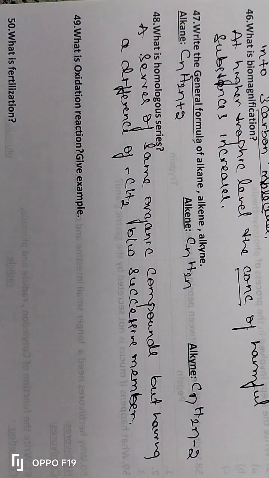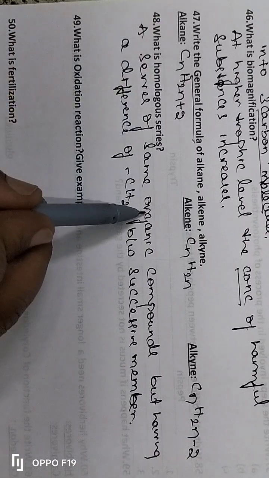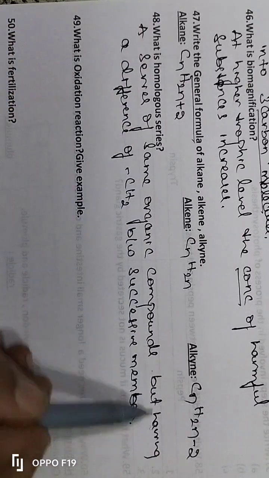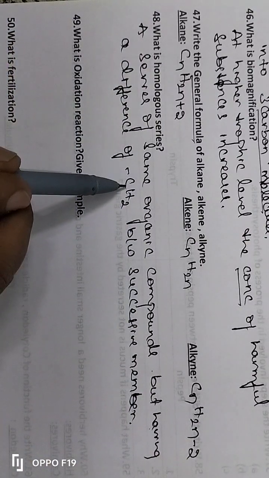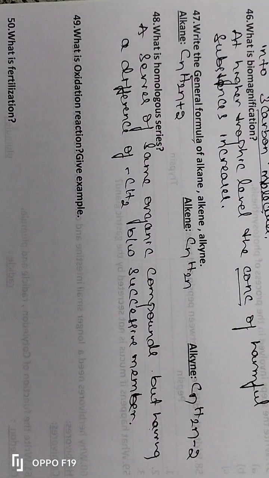What is homologous series? A series of same organic compounds but having a difference of CH2 between successive members is called homologous series.